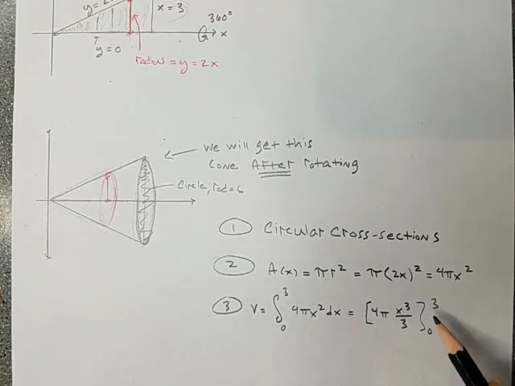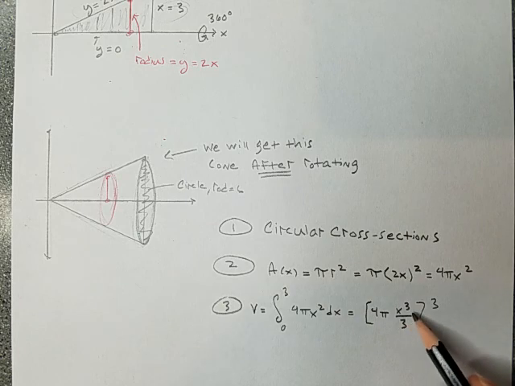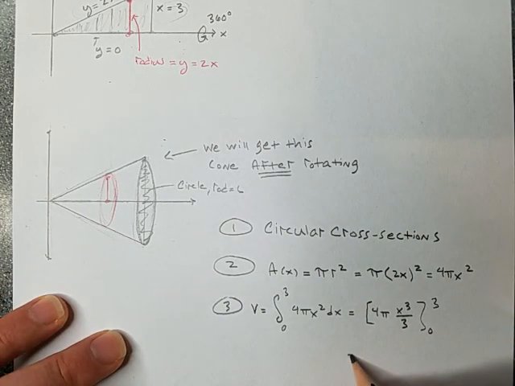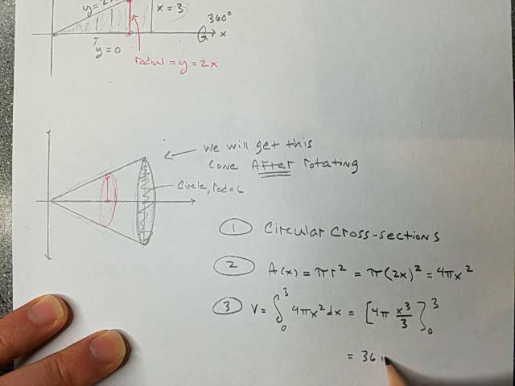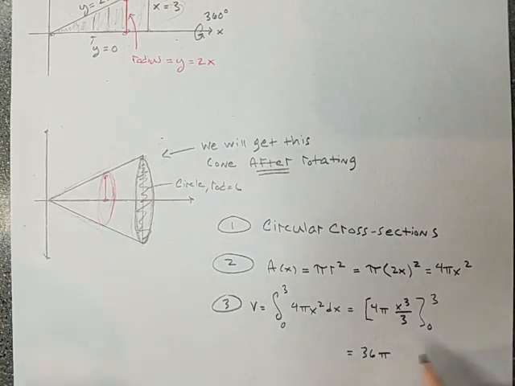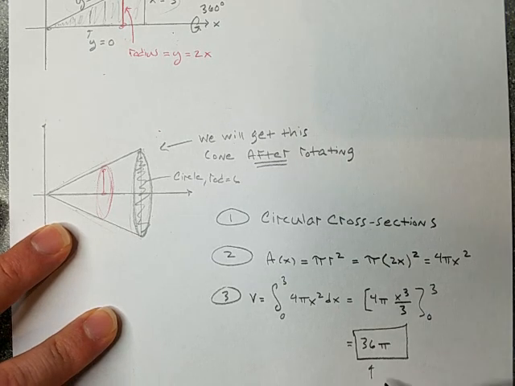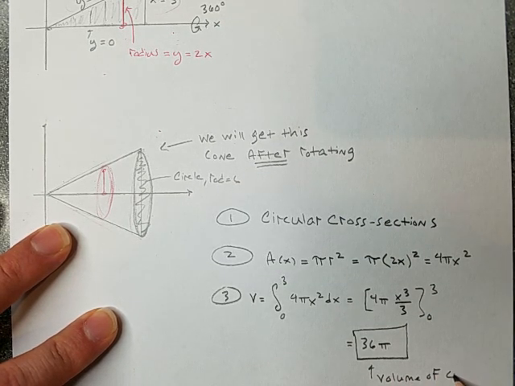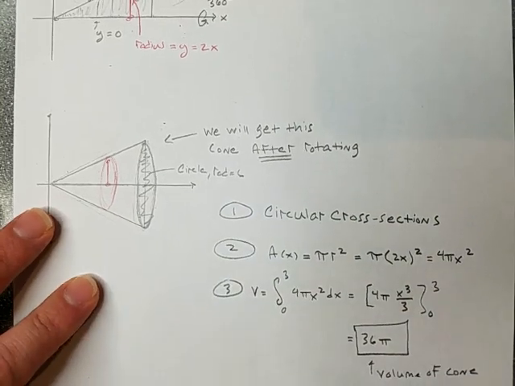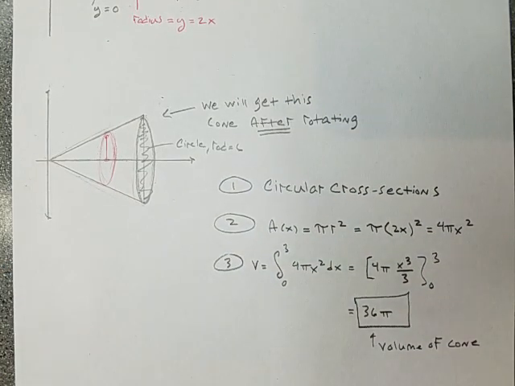If we put 3 in, we get 9 out of that times 4 over 3, so that's 36 pi. And if I put 0 in, I won't get anything, so 36 pi is my answer. So that is the volume of the cone, in units to the 3rd power, feet to the 3rd power, centimeters to the 3rd power. It depends on how you are making your measurements in the beginning.